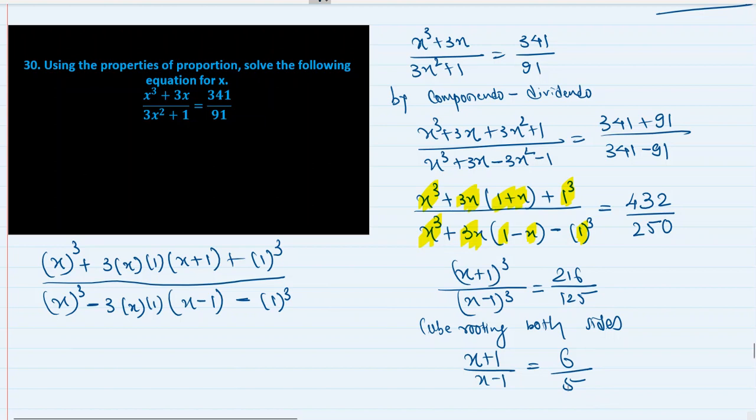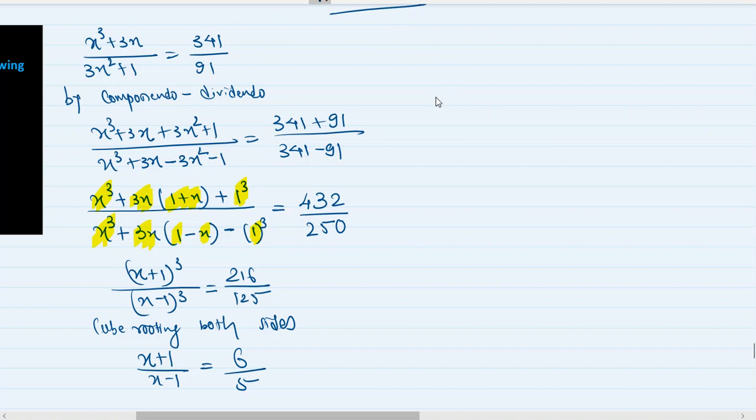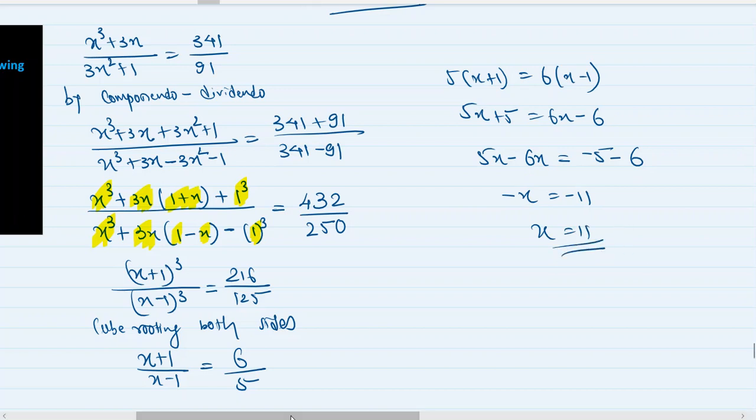Let's solve it further. So it will become 5 bracket x plus 1 is equal to 6 bracket x minus 1, and this is 5x plus 5 is equal to 6x minus 6. So 5x minus 6x is equal to minus 5 minus 6. So minus x is equal to minus 11. So x is equal to 11. The value of x is 11. Correct?